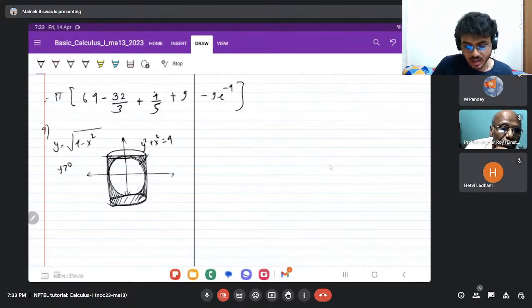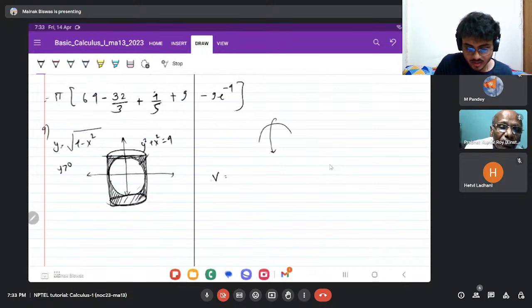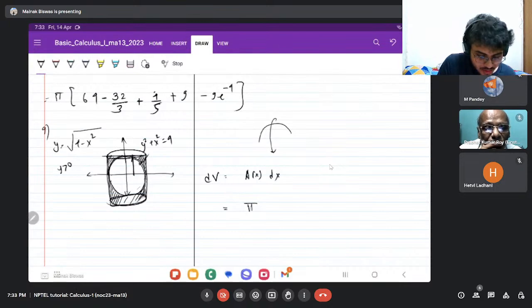So this is a part of a circle. If you rotate a semicircle, you will get a sphere. The volume inside it will be a sphere's volume. So what would be the area of this? dV will be A times dx, which is pi times, this is 1, or what is it, 2.